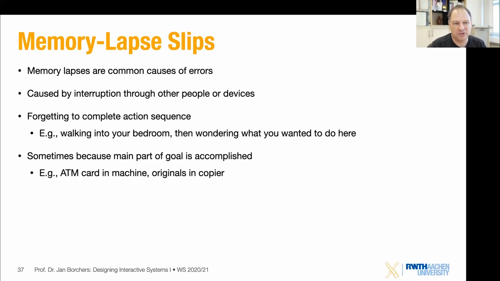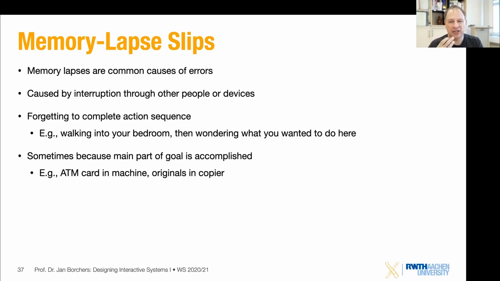Sometimes these memory lapses also happen because the main part of the goal is accomplished, right? You go to an ATM, the Geldautomat, and you put in your card, you get your money. Back in the day, oftentimes people would walk off with the money because they forgot the card, because the goal of the whole thing was to get money. So they would forget the card in the machine. Nowadays, most machines require you to remove the card from the slot physically before they dispense the money.